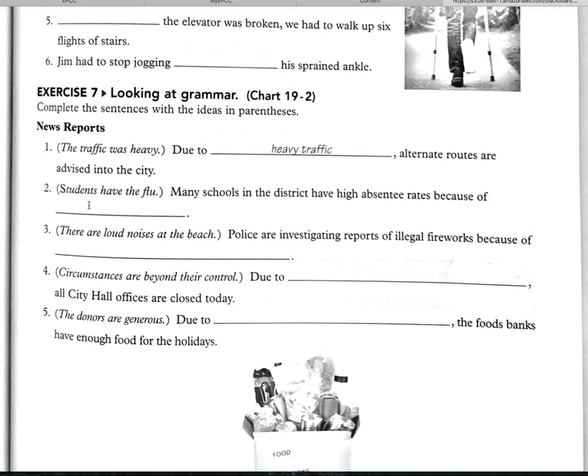So many schools in the district have high absentee rates because of the flu. So that's going to go right here. Go ahead and do number 3, 4, and 5.